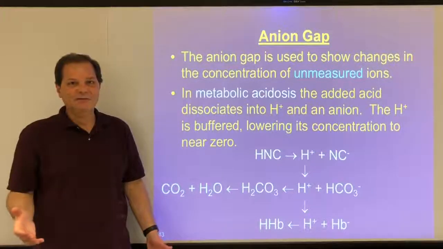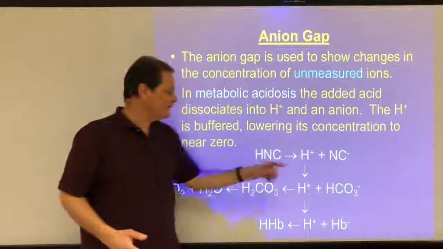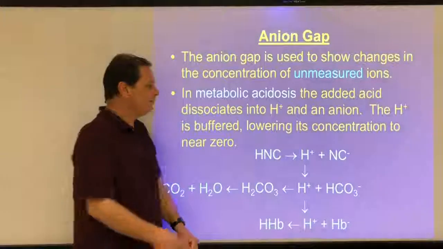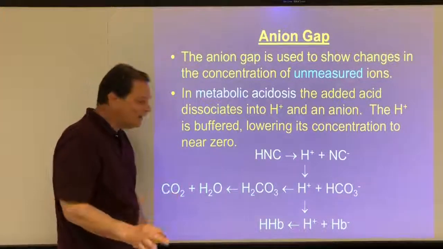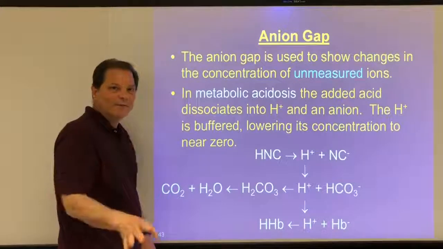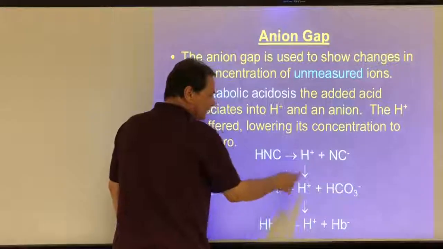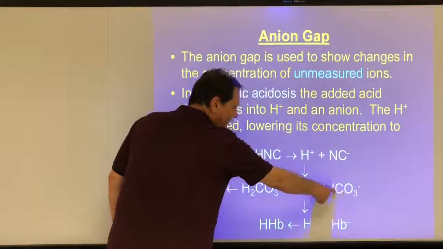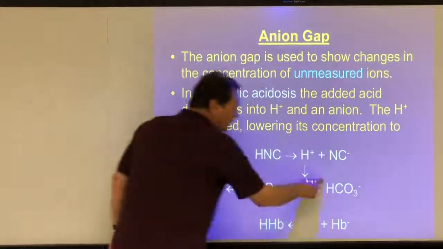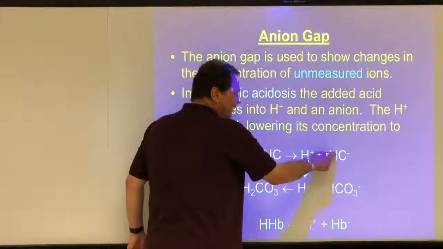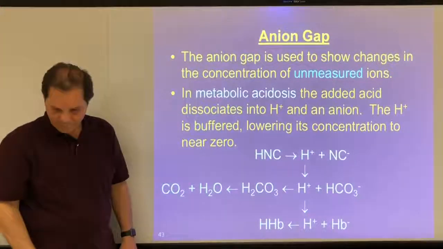Assuming it's not measured, which most of them are not, like lactic acid, where this is lactate, then you're adding this anion to the system, but it's an unmeasured anion, so it's not going to come up in your routine measurements. You're also adding hydrogen ion. The hydrogen ion combines with bicarbonate and shifts our carbonic acid equation to the left. Our bicarb is disappearing, so you're adding this, and this is going away.